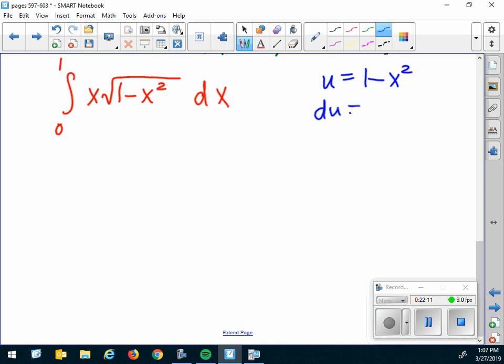So what is du? Negative 2x dx. Do I need to add or put anything else into my integral? Negative 2, yeah. So I'm going to get a negative 2 in right here and offset it right here.